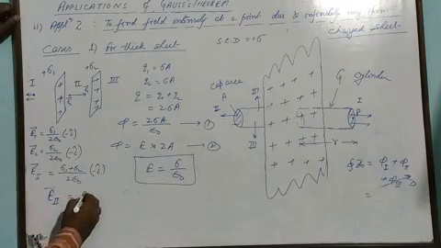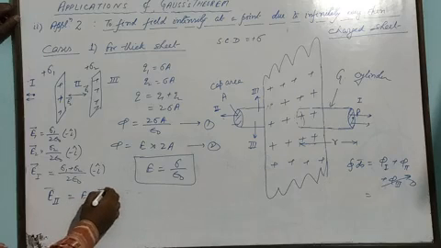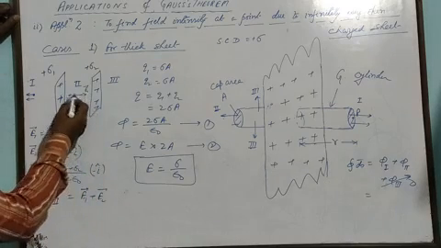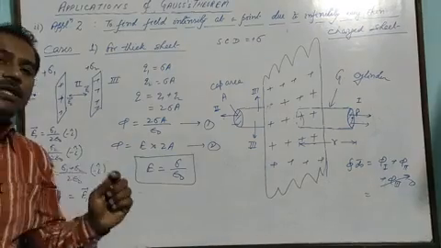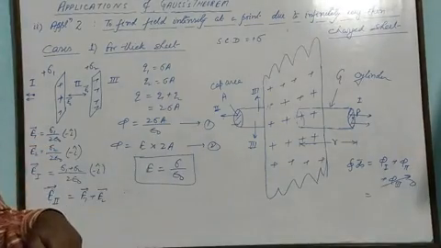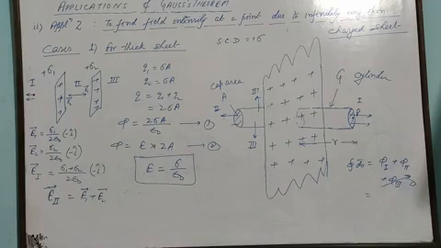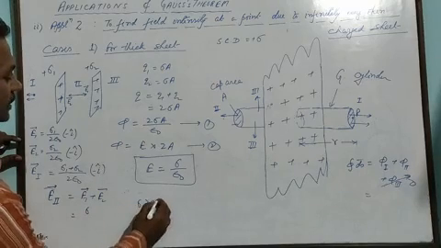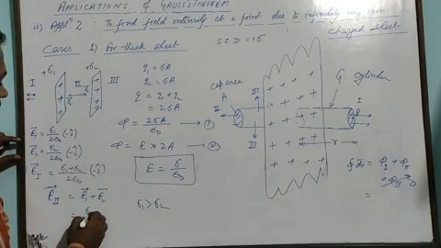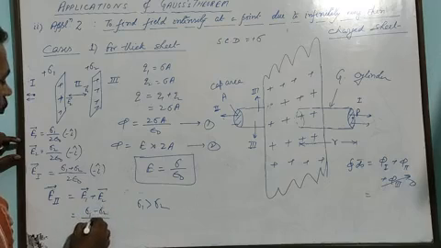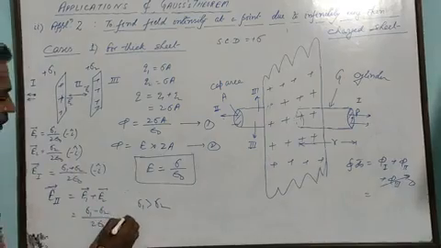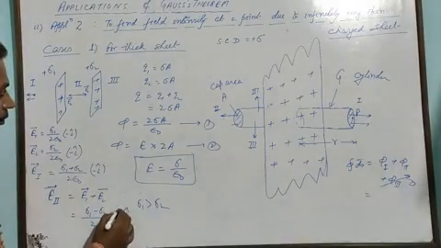If you take the superposition principle, this will be equal to E1 plus E2, but the direction of the field intensity is opposite, so they will subtract. That means if sigma 1 is greater than sigma 2, in that case you can write sigma 1 minus sigma 2 by 2 epsilon naught, and the direction will be of sigma 1. That means it becomes plus i cap.